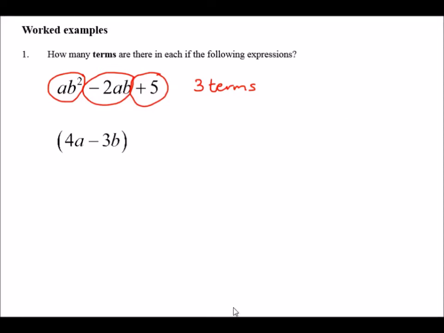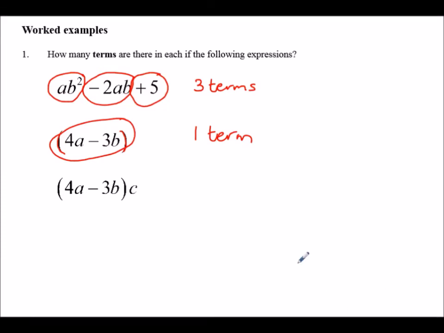Let's look at the next example. I have a minus sign here, but remember the brackets make it one term, so this expression has one term. Let's look at this. What does that actually mean?